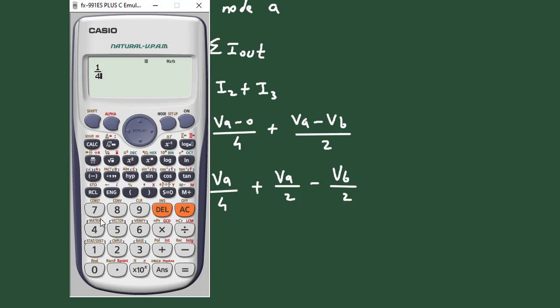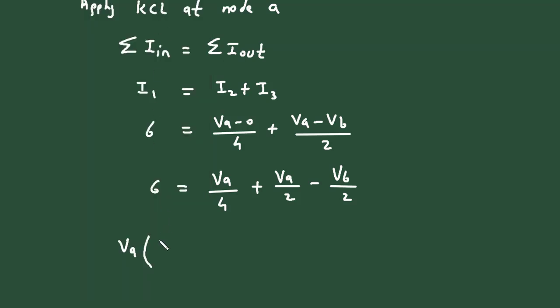So it is 0.75. Then we take VB common, and this will be minus 0.5. VB is equal to 6. Let's say this is equation number 1.